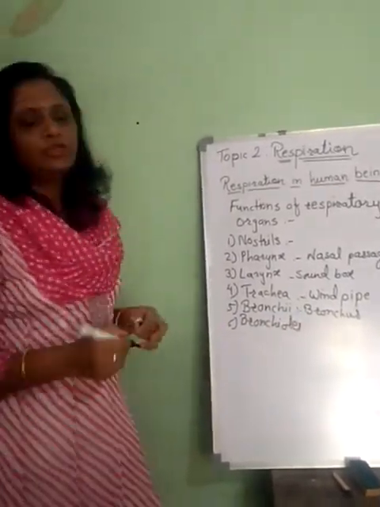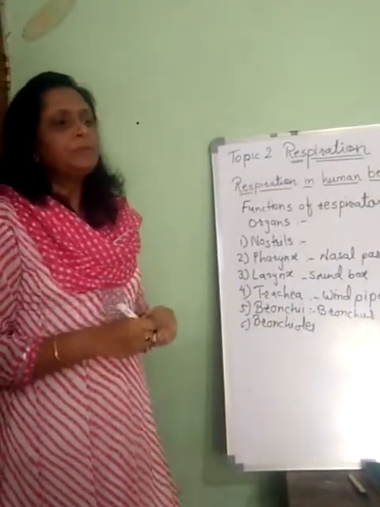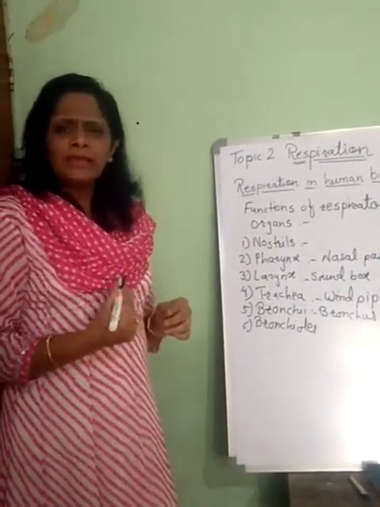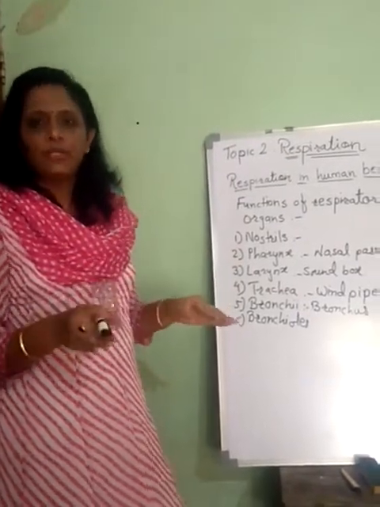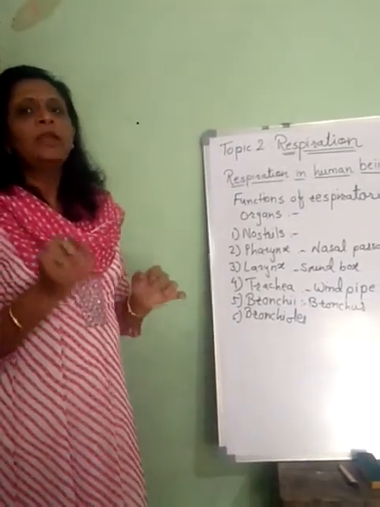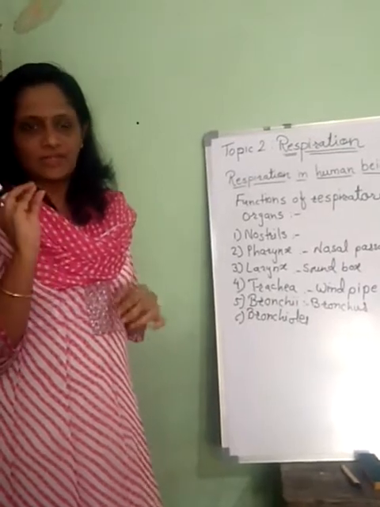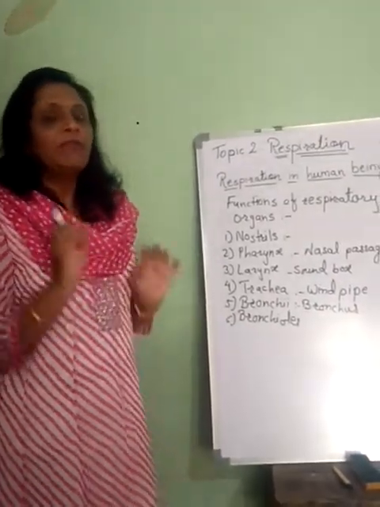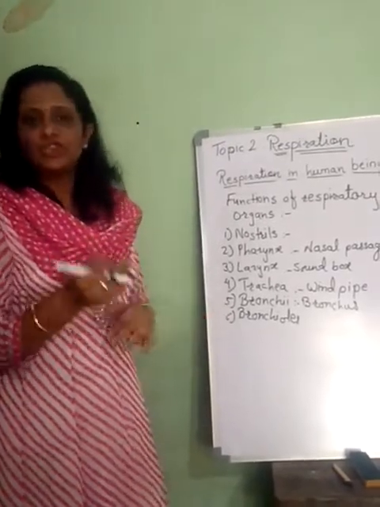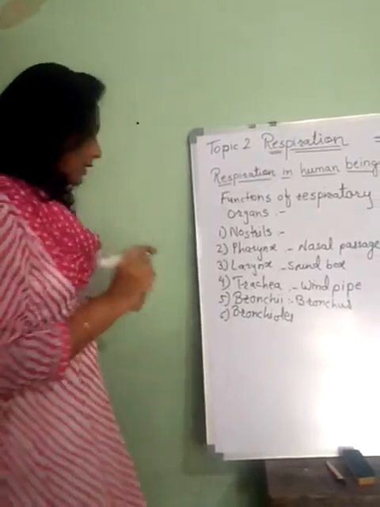These bronchioles make the air thinner and thinner and divide it equally into all the tubes. Then these tubes end in small sac-like structures called alveoli, where the exchange of gases actually takes place.